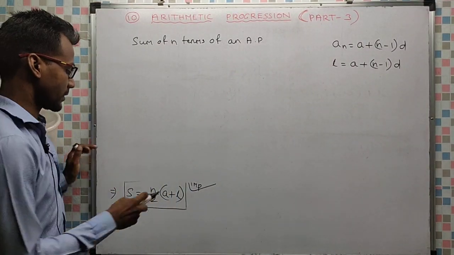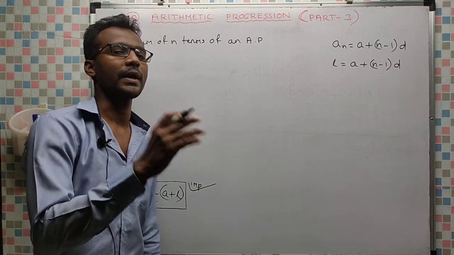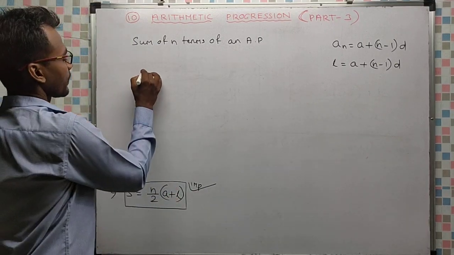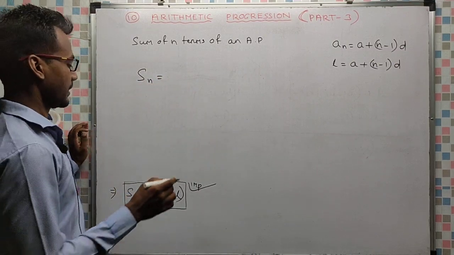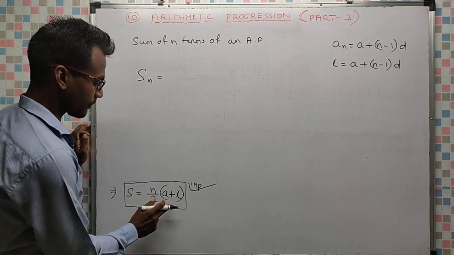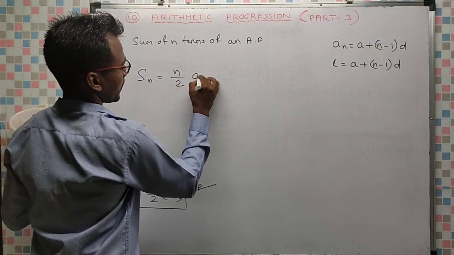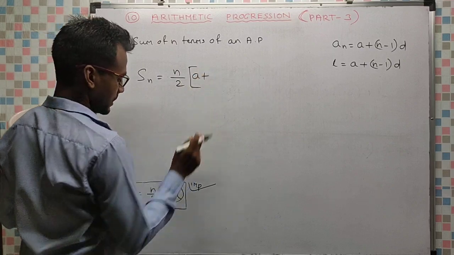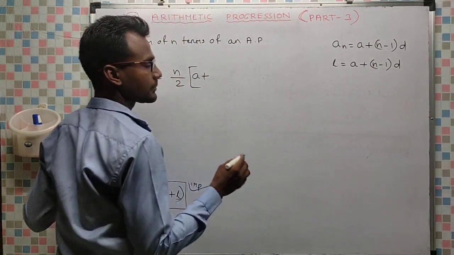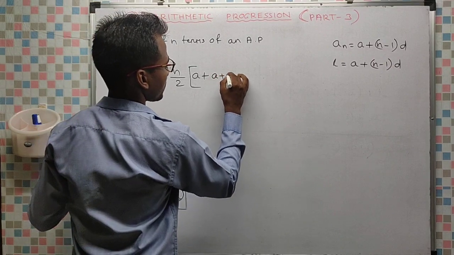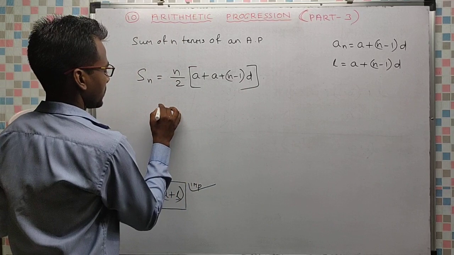This formula is used to find the sum of all the terms of a finite AP. But if you want to find the sum of the first n terms, then we will get the formula from here only. n by 2 [a plus], in place of l, we can put a plus n minus 1 d.